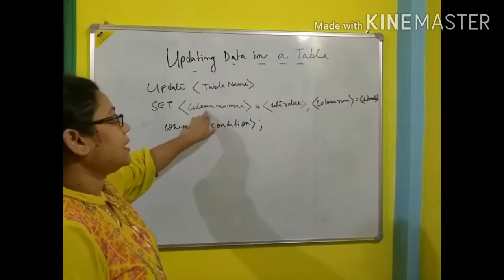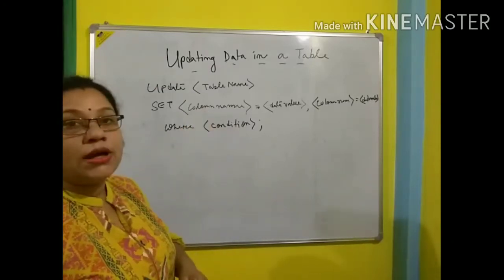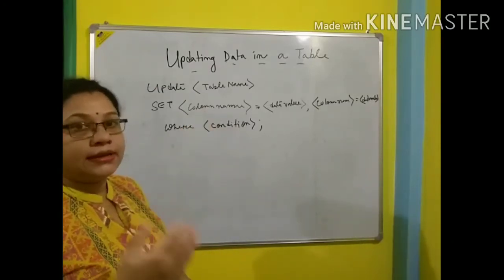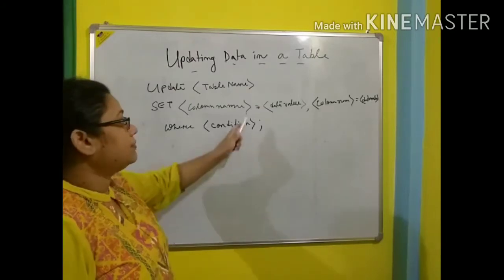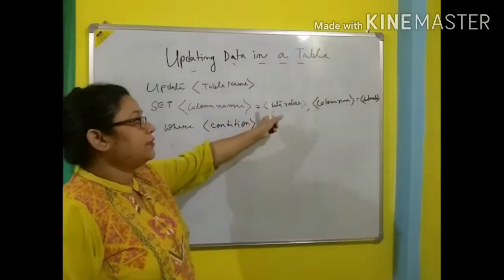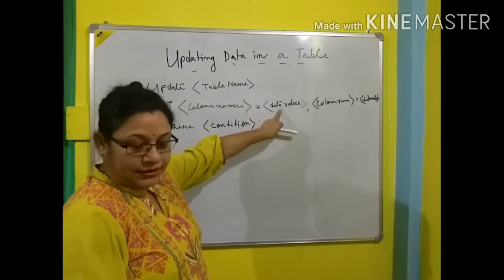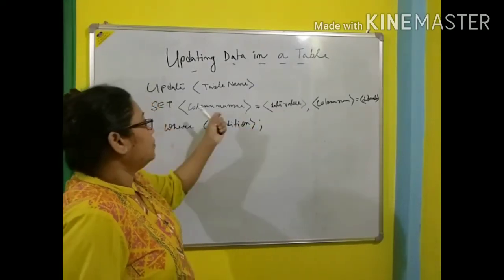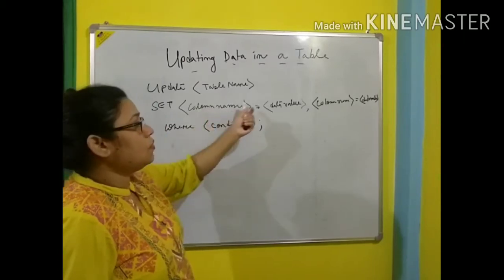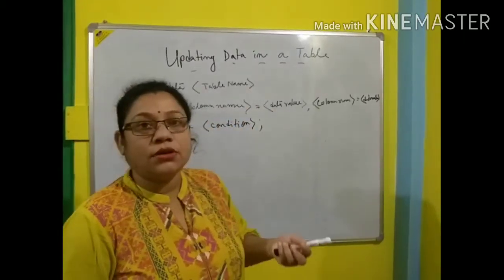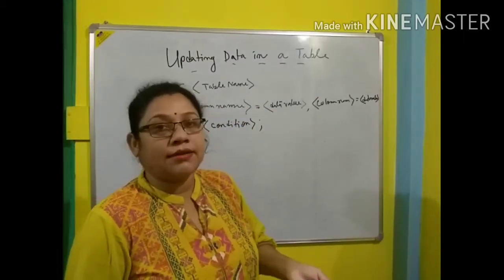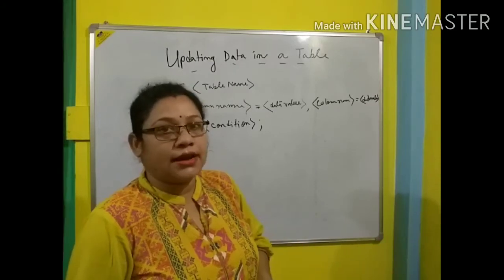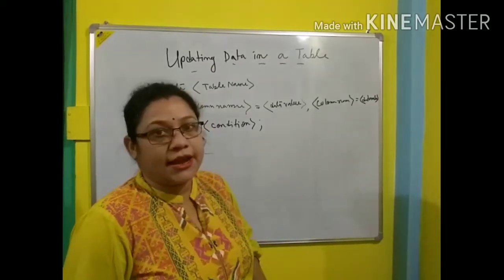After that, give the column name for which you want to update the data value. After that, the data value. Here I write data value, but in your book it is written as expression. That means for that particular column, whatever new data value you want to enter should be mentioned here.